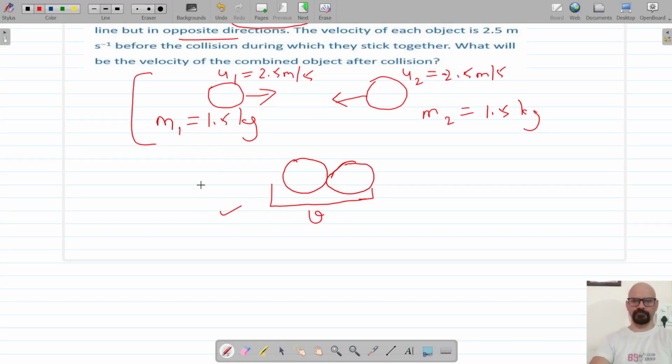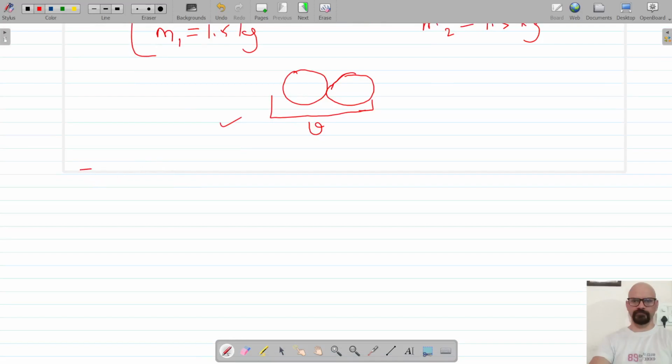So let's find out the total momentum before collision.